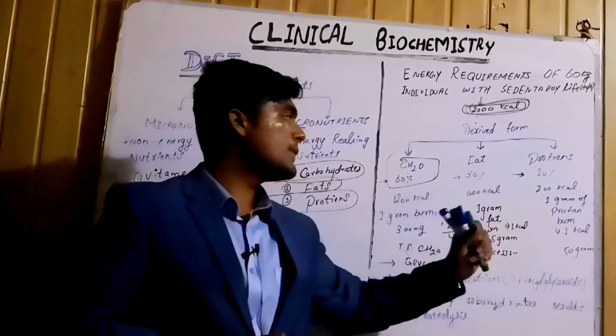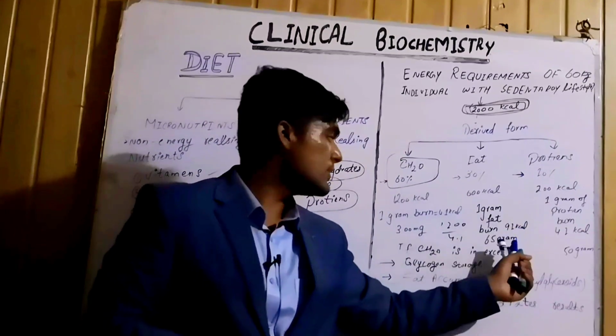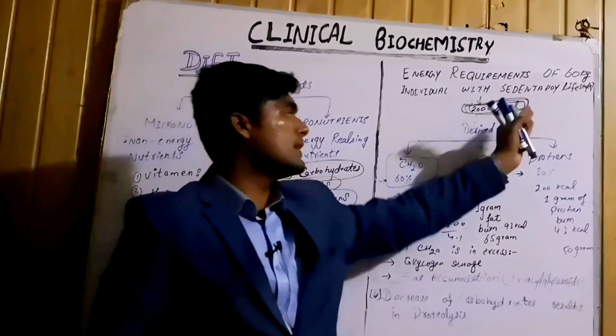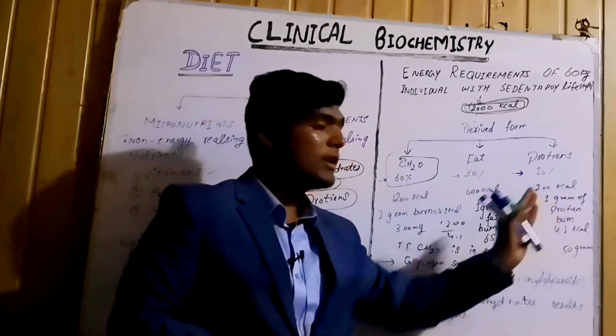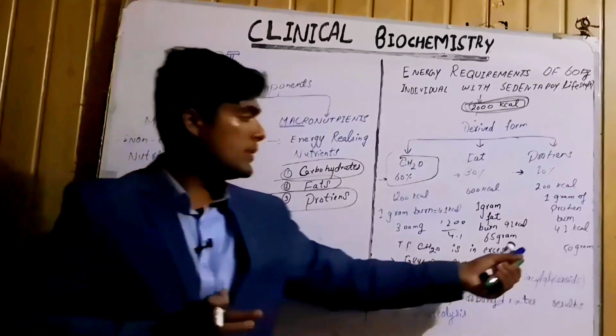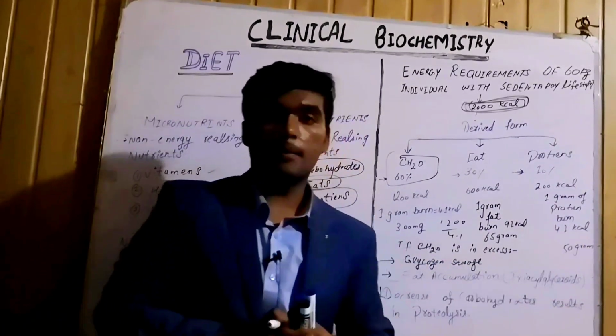So divide 600 by 9.1, it requires 65 grams per day. In the same way, for protein, 200 kilocalories, burning 1 gram of protein releases the same 4.1 kilocalories. So the answer is 50 grams.